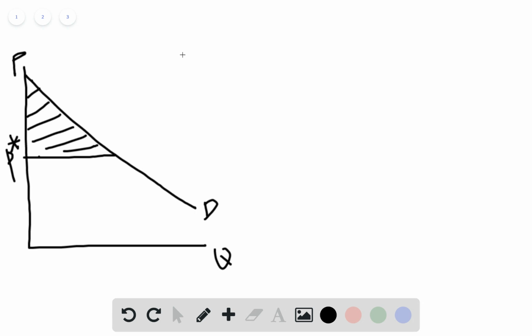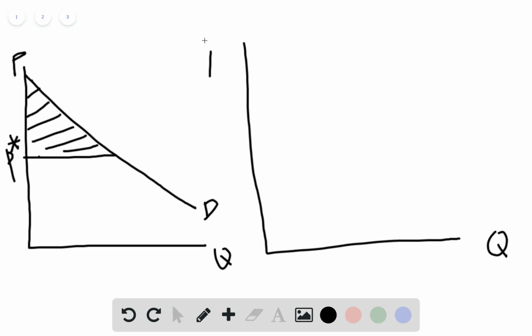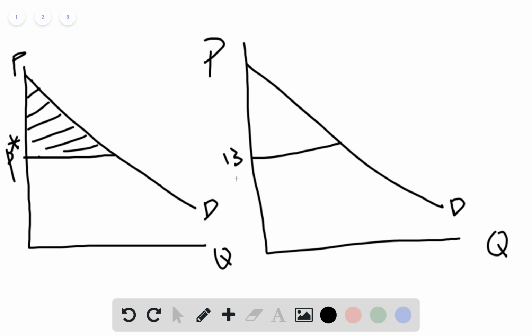So for this specific question, let's draw a graph here. We also have a demand curve, and let's think about originally. Originally, the price of this market would probably be, let's say, $13 per 2 hours. That's the price, right?